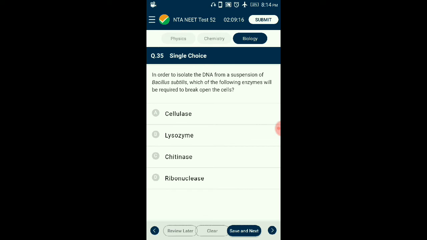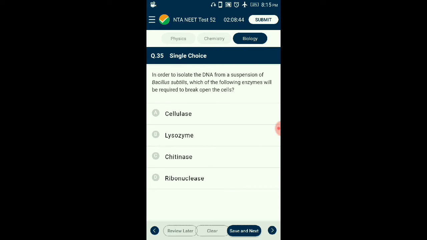Question number 35. In order to isolate the DNA from a suspension of Bacillus subtilis, which of the following enzymes will be required to break open the cells? In order to cut the DNA with restriction enzymes, it needs to be in pure form, free from other macromolecules. Since the DNA is enclosed within the membranes, we have to break the cell open to release DNA along with other macromolecules such as RNA, proteins, polysaccharides, and also lipids.